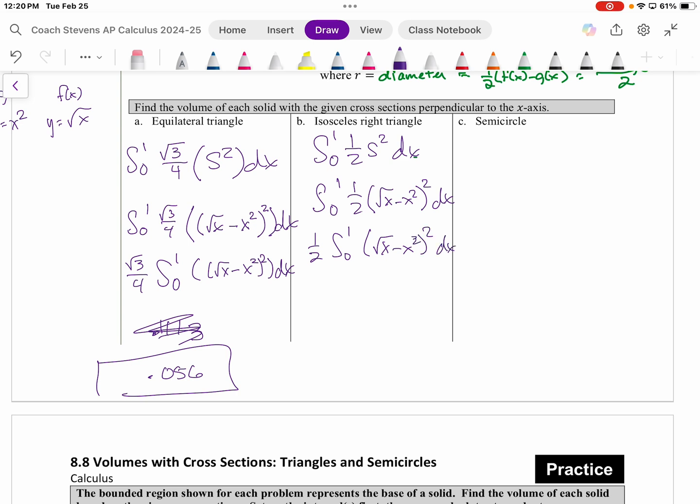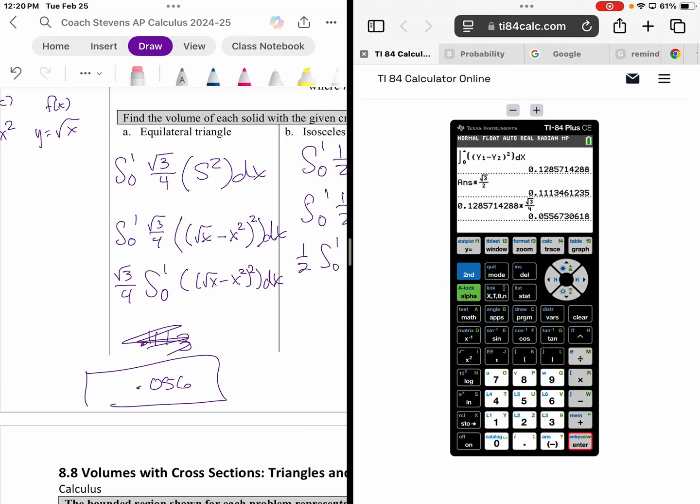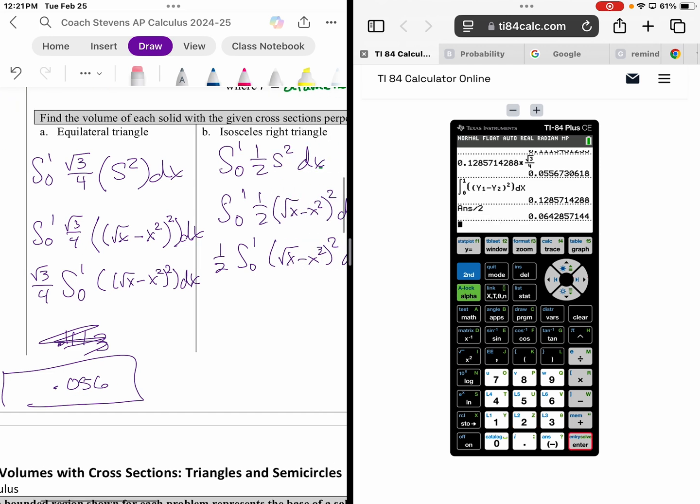Back to the calculator, math 9 from 0 to 1. Remember parentheses: y1 minus y2, close the parentheses, square it, and then dx. I think I got that in there right. Hit enter, and then I divide it by 2. In this case, it is 0.064.